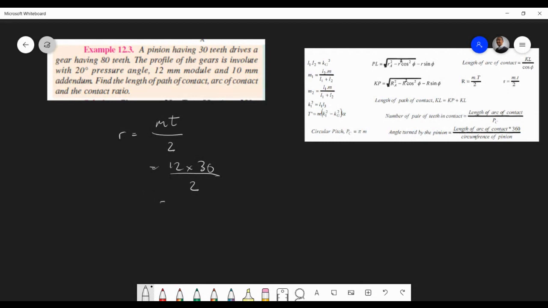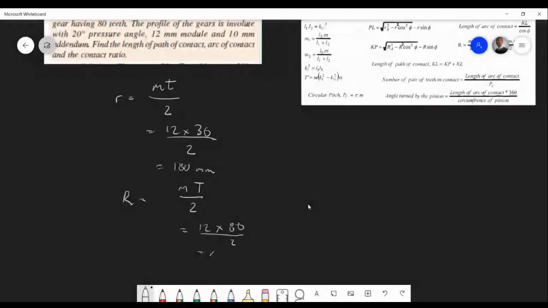It's always the same: 180 millimeters. Obviously, it's the small one. The big one is small m, big T, divided by 2, and our module is 12 times 80, then divided by 2. And we find our pitch circle radius is equal to 480 millimeters.